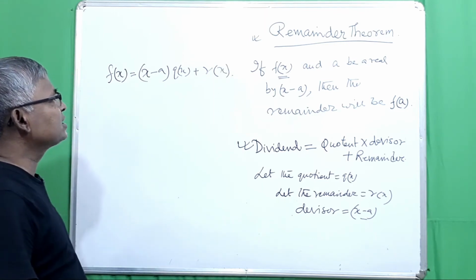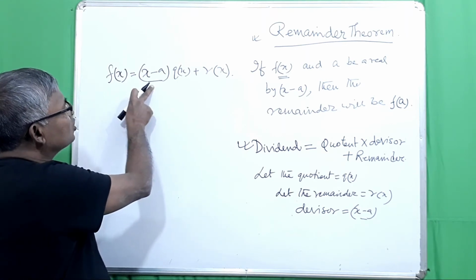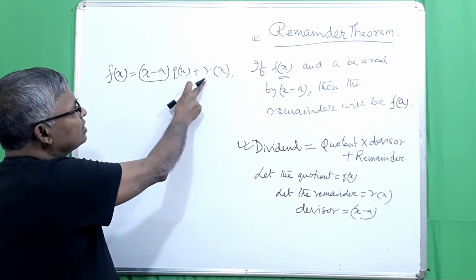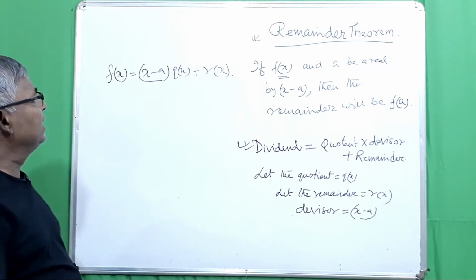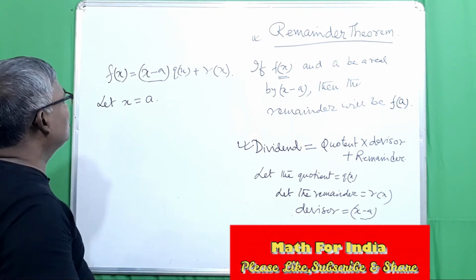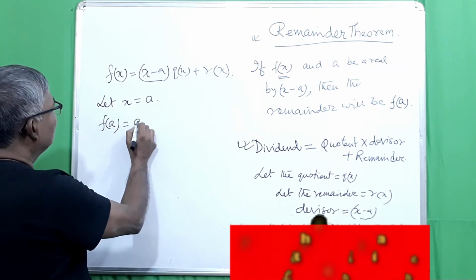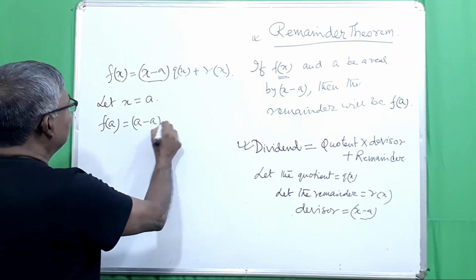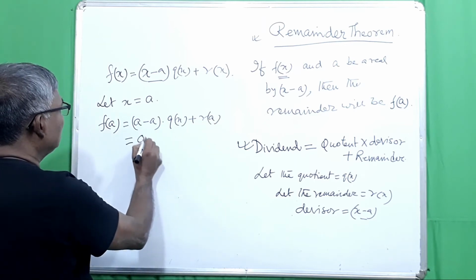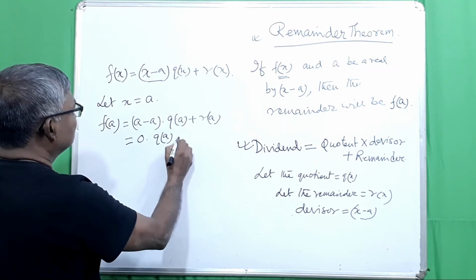Students, here see the divisor is x minus a, that is of degree 1. So what is the degree of r? Obviously the degree of r is 0, that is a constant. Let x equal to a. So what we get? f(a) equal to (a minus a) into q(a) plus r(a), that is 0 into q(a) plus r(a).